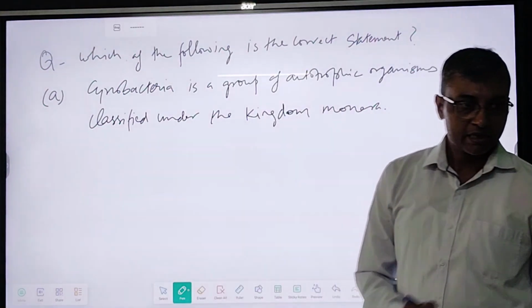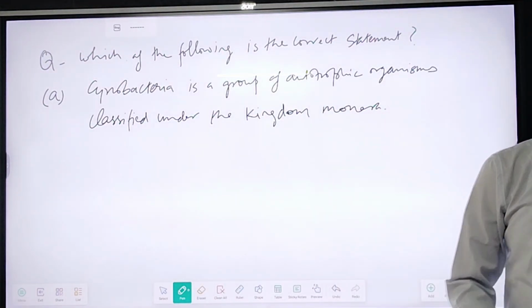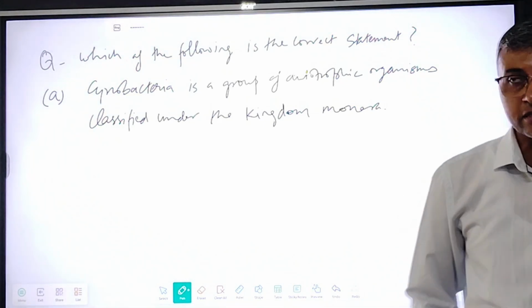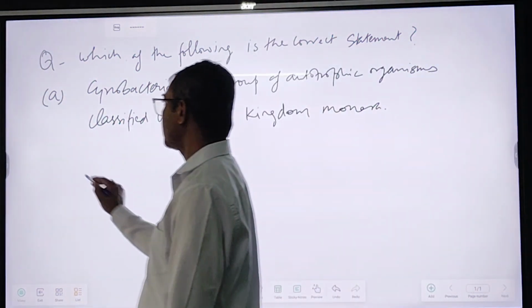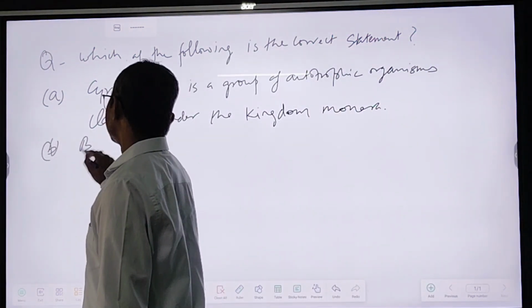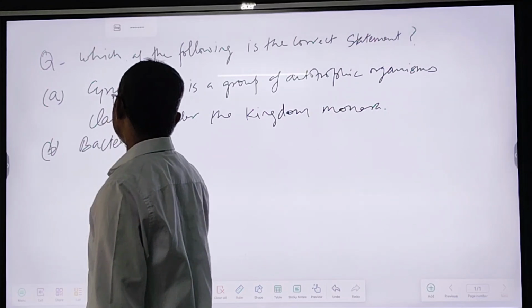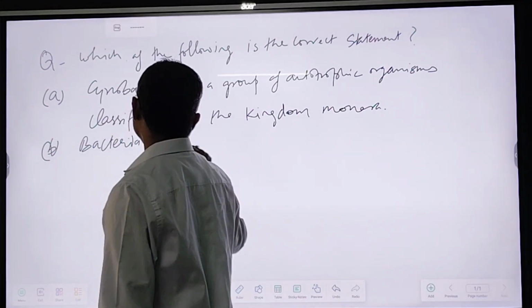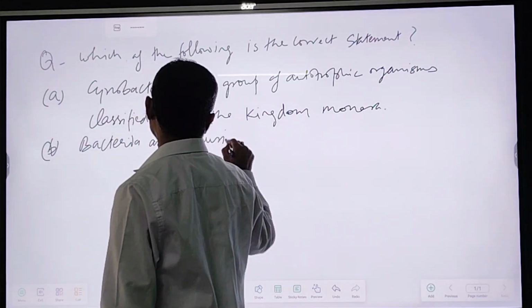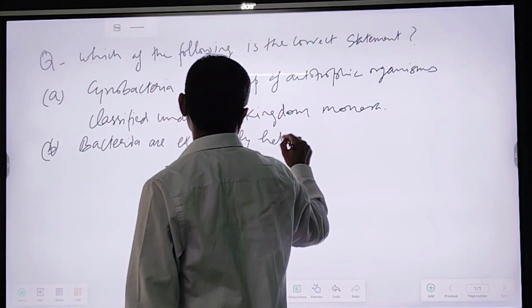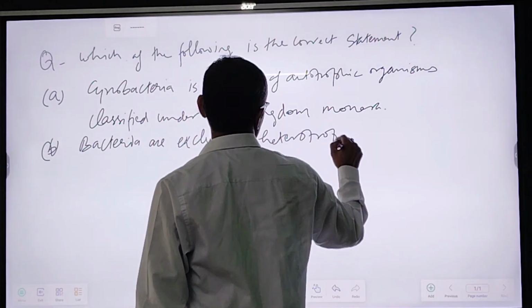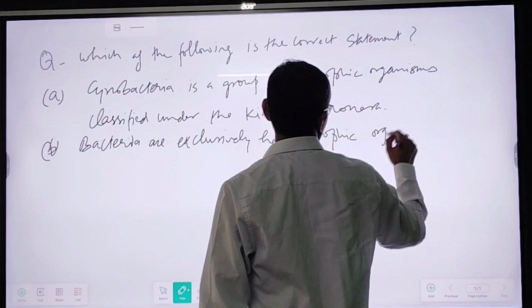Second statement: bacteria are exclusively heterotrophic organisms.